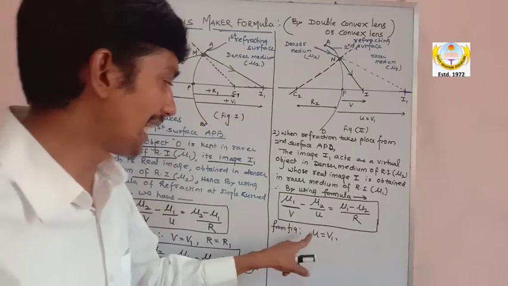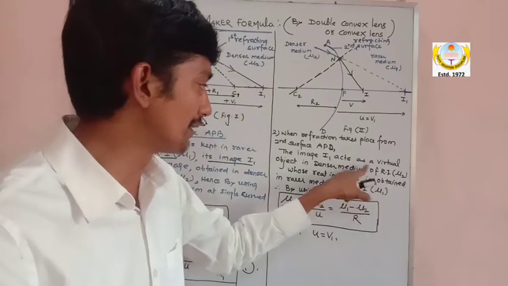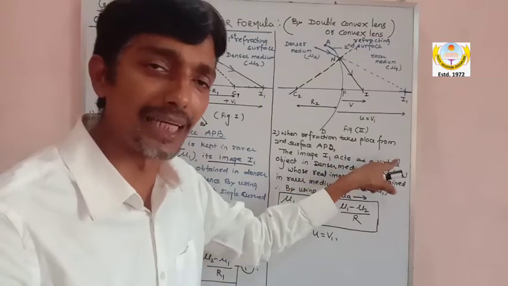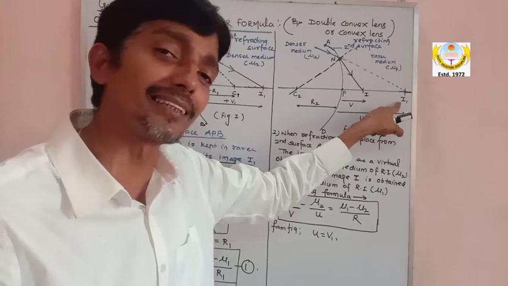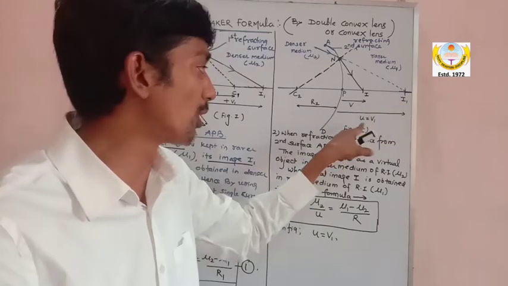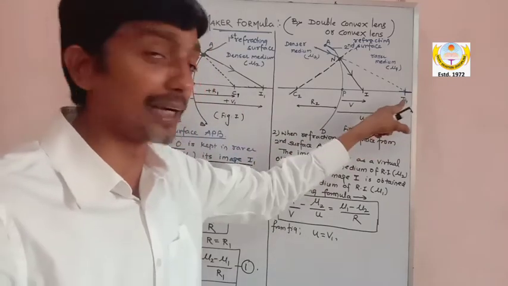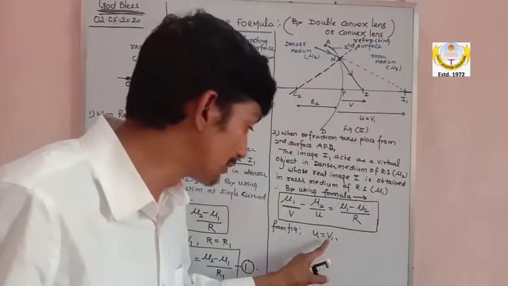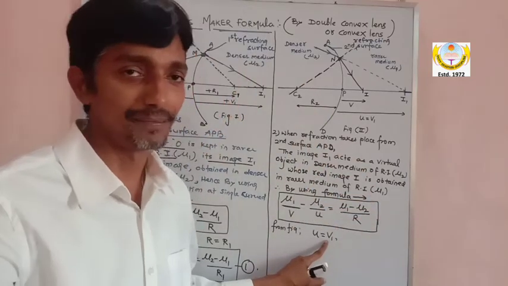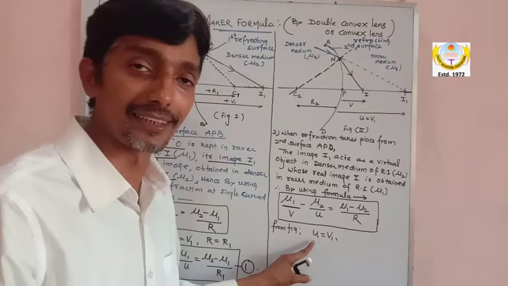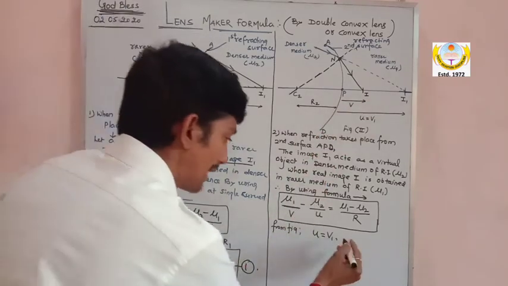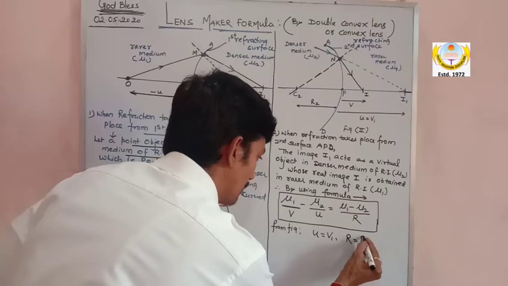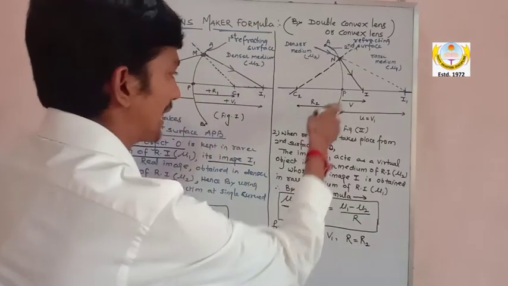So you are understanding. See now, sir, I1 acts as the virtual object in this case. What was the distance of I1 earlier? Sir, it was V1. So now it becomes the object distance. So now V1 is the object distance, and V, that is the image, is at V only. But my dear, R is equal to R2 because it is the second refracting surface.